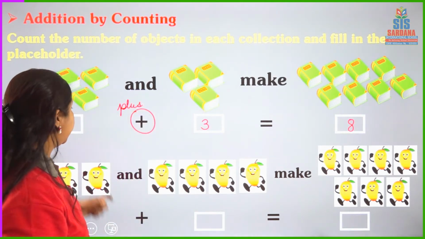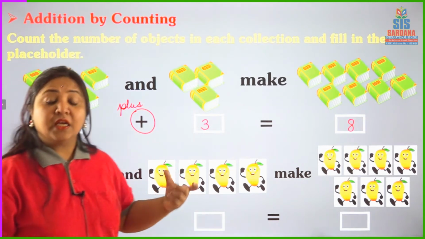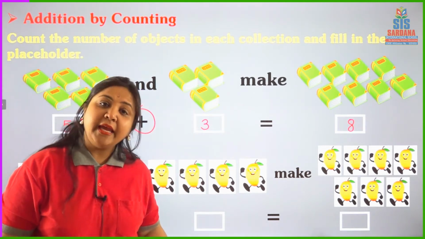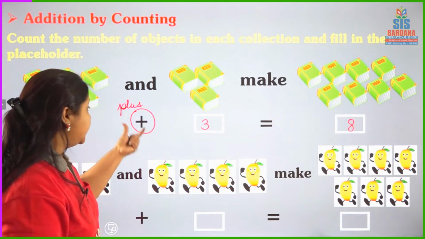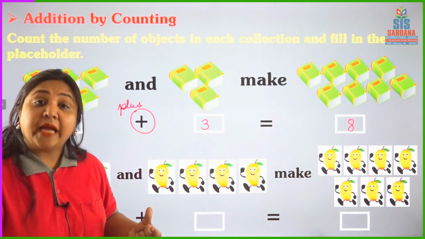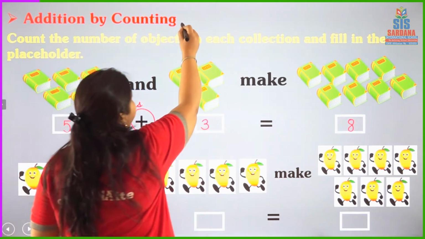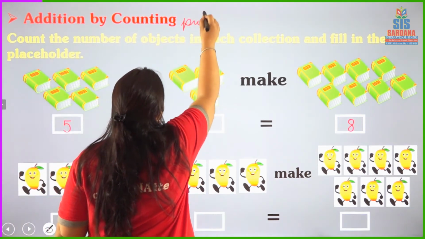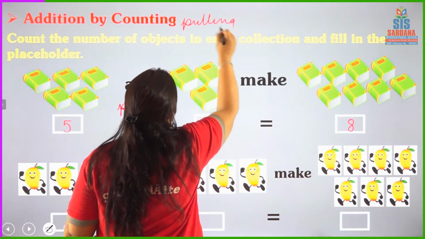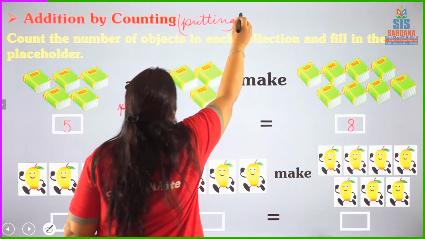So my dear children, 5 and 3 together make 8. This sign represents addition. Addition means putting together.